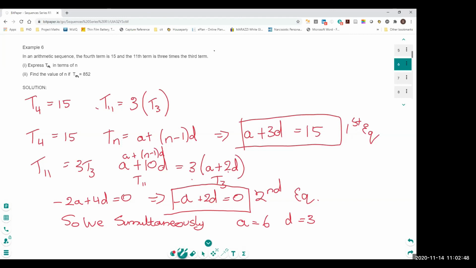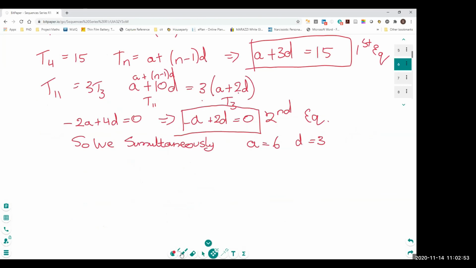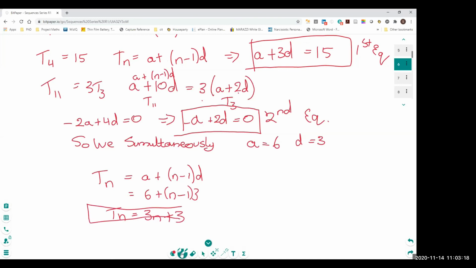So that means T of n, which we know to be a plus (n minus 1)d, will now be 6 plus (n minus 1)3. So T of n is equal to 3n plus 3. That is your formula for evaluating that sequence.